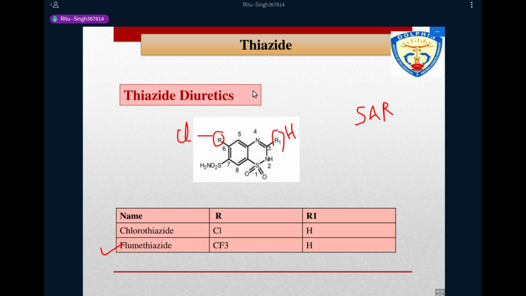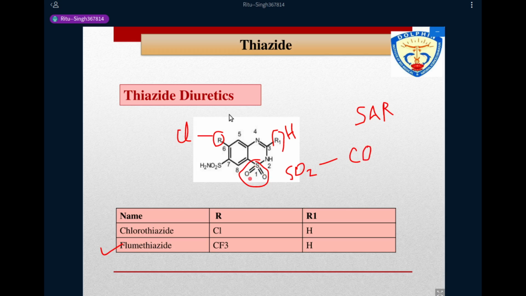Some SAR points are also important for these drugs. The first point related to structural activity relationship is the SO2 group at the 1st position. This SO2 group can be replaced with a CO group.